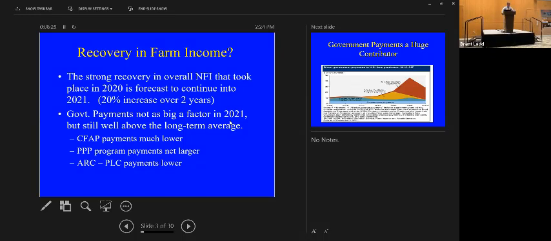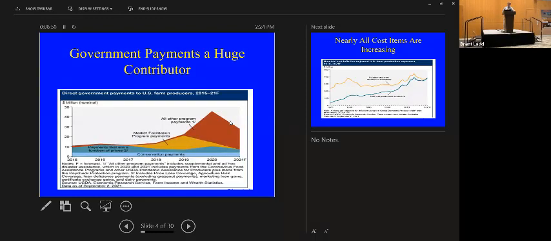Seems like a long time ago, but all those applications were going in kind of in the early months of 2021. ARC and PLC program payments for our crop producers, depending on which program, which commodities, et cetera, et cetera. But as a general rule, those payments are projected to be a lot lower in 2021 than they were in 2020.